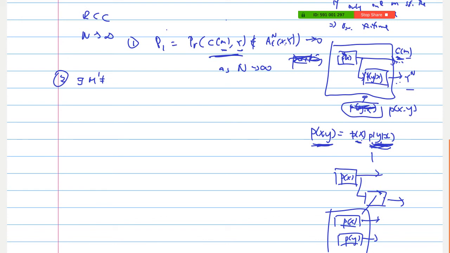As long as they're independent, they will be jointly typical, because in that case you expect this P_XY, sequences that are independent, will be considered jointly typical.